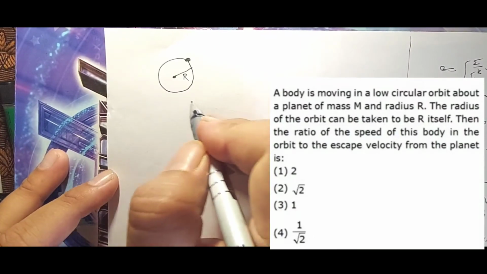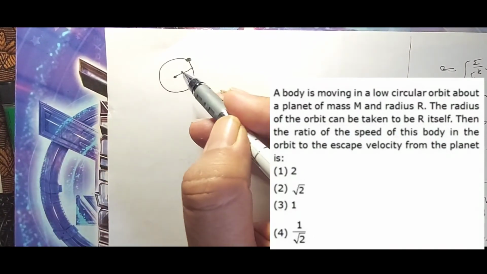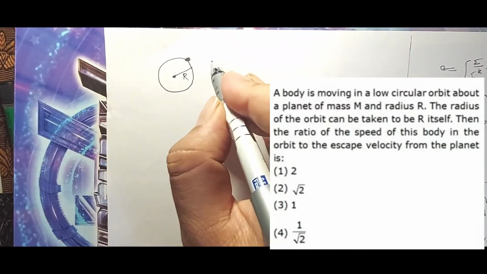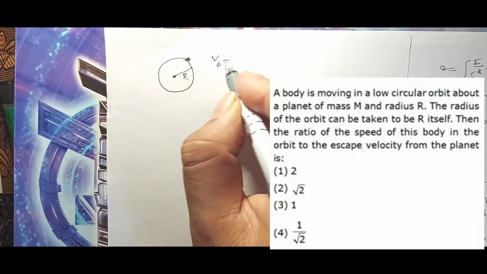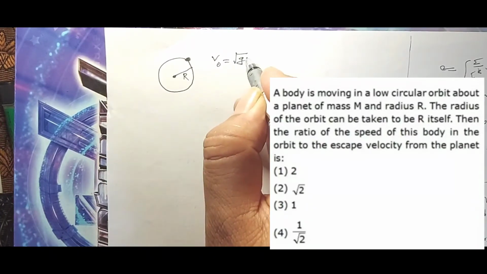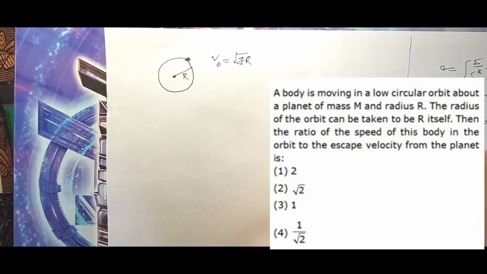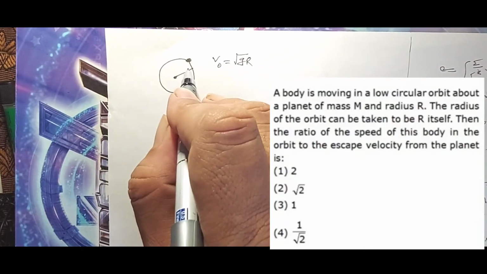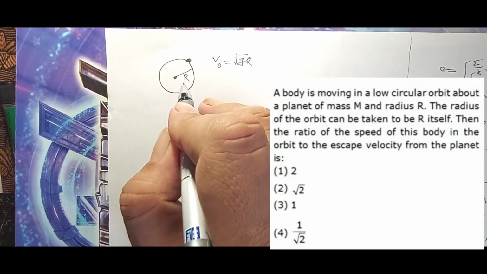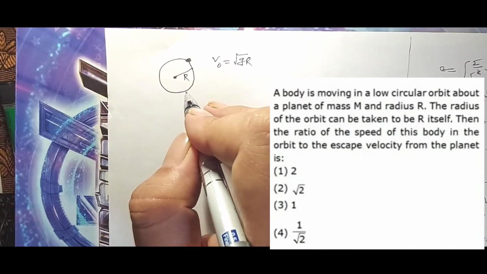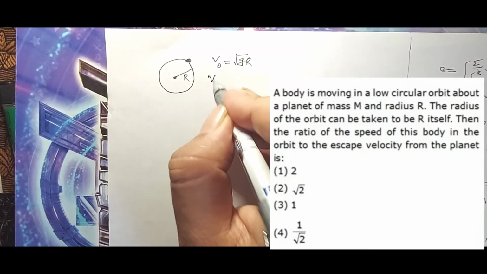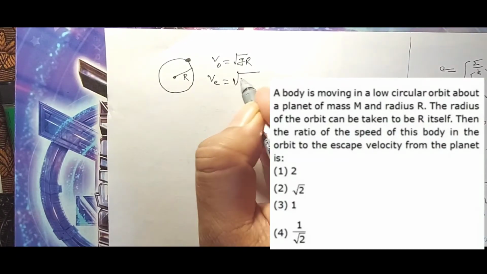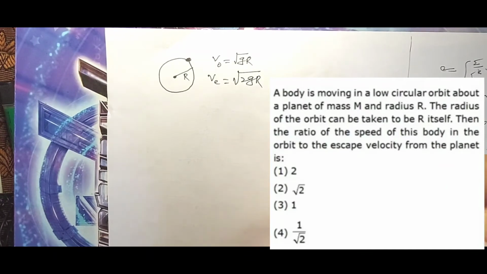So now this body is moving in a circular orbit, so it has orbital velocity v0 equal to square root of gr. In order to escape from this planet, it has velocity ve equal to square root of 2gr, the escape velocity.